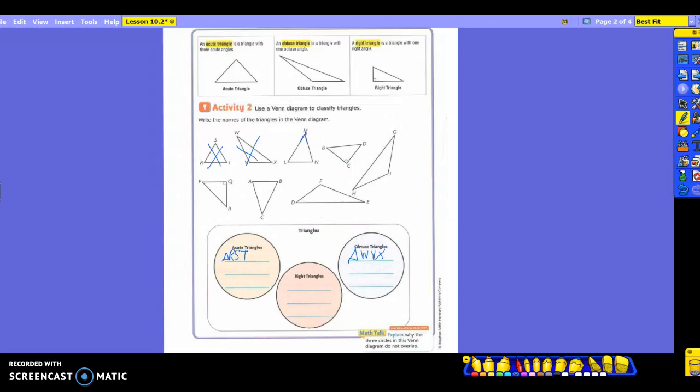Is this larger than a 90-degree angle? So what kind is it? We did this yesterday. If it is lower than a 90-degree angle, it is an acute angle. So what kind is this, Brayden? Thank you. What's this one? Acute. What's this one? So which triangle is that? If all of my angles are acute, what does that make my triangle? Acute. So I'm going to put it over here in the acute.